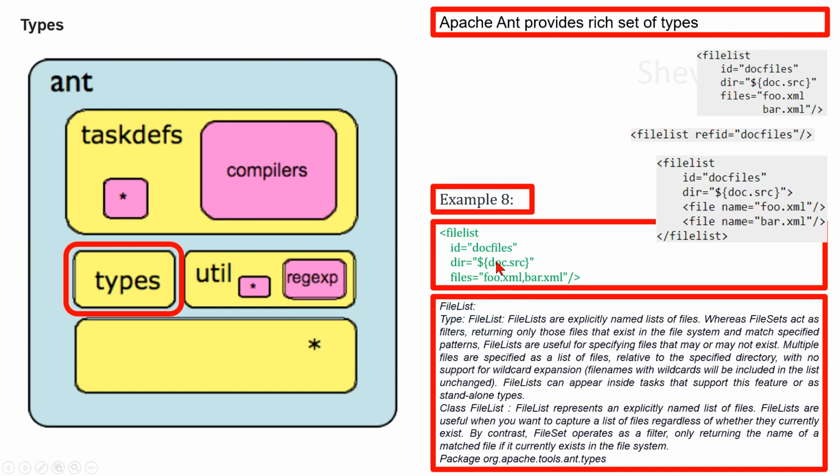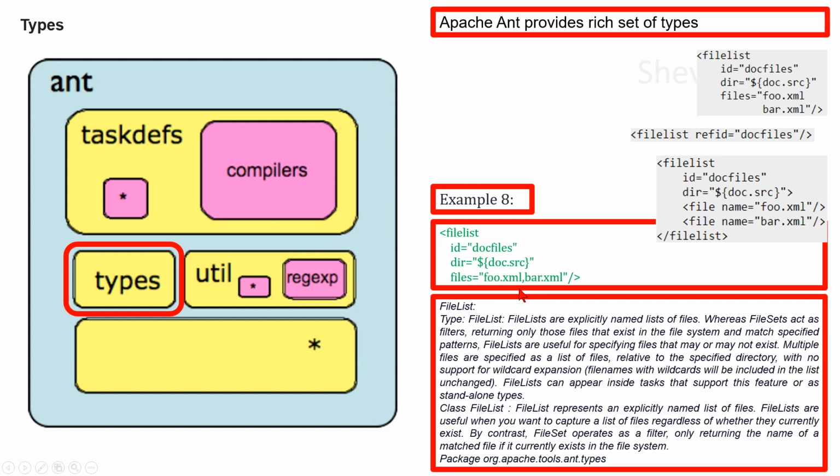Now we are considering file set, type file set. File lists are explicitly named lists of files, whereas file sets act as filters, returning only those files that exist in the file system and that match specified patterns.